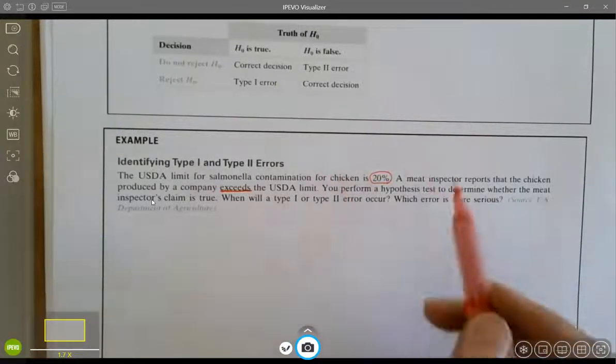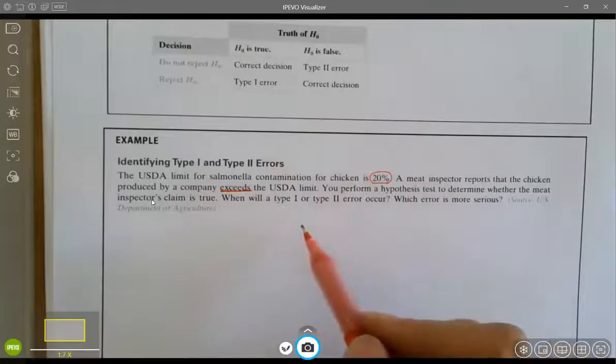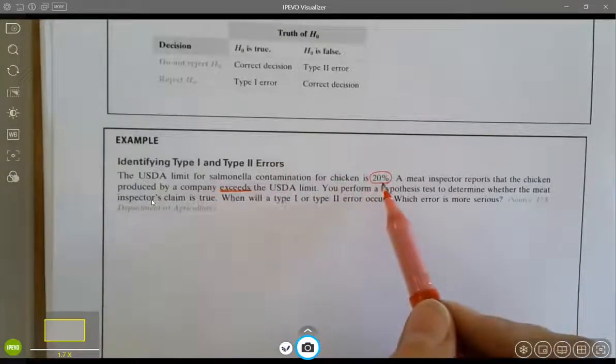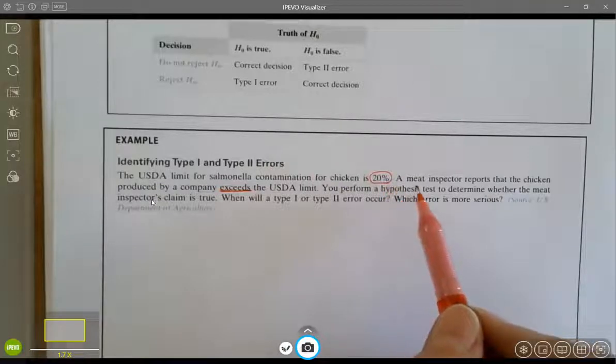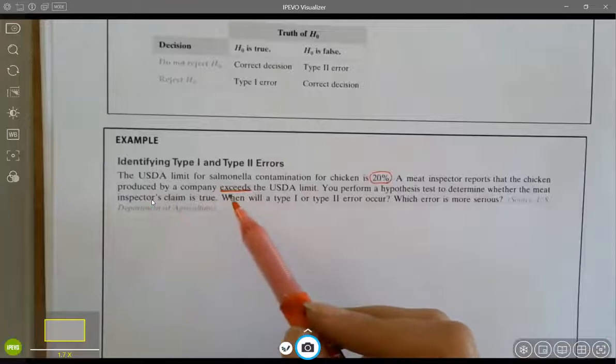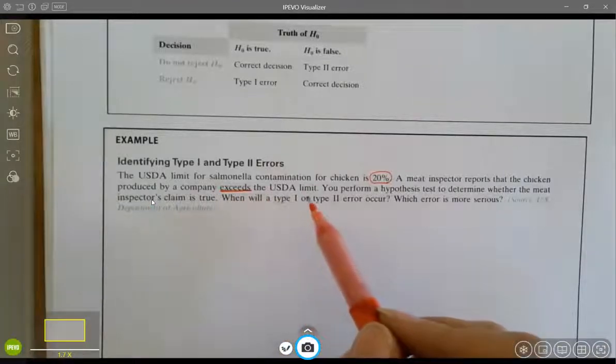So this is the information that we have here. We know that the limit is 20%. Now we're looking for a statement about hypothesis to construct the hypothesis testing.